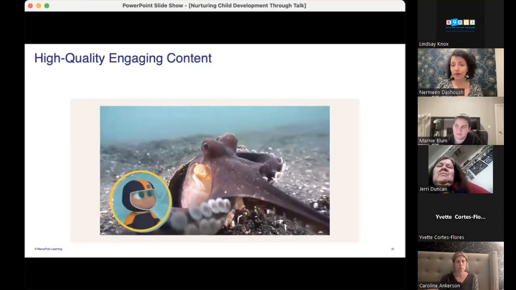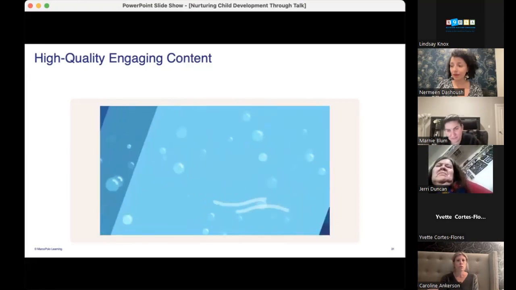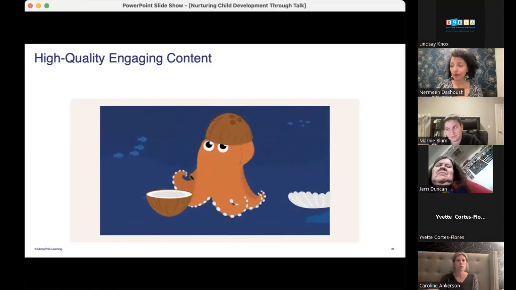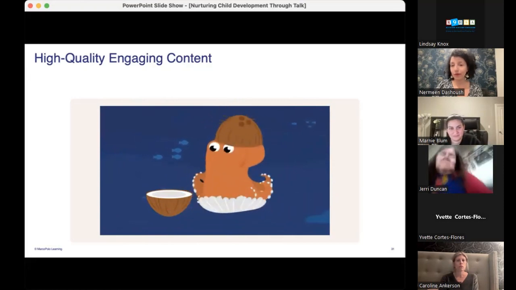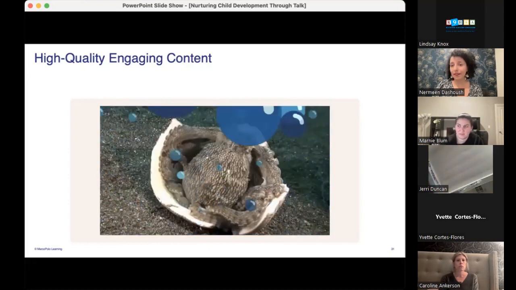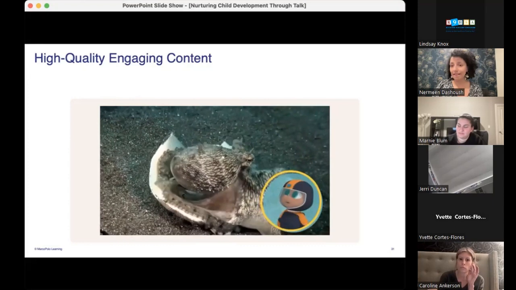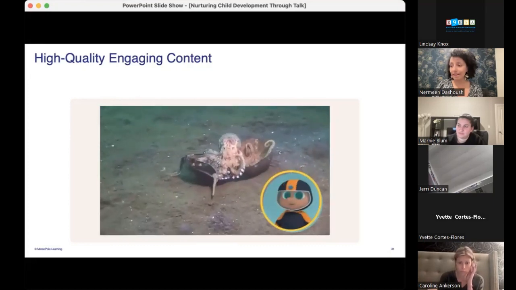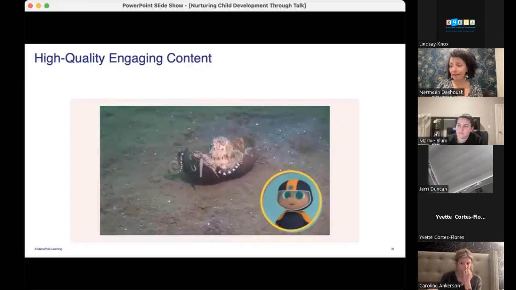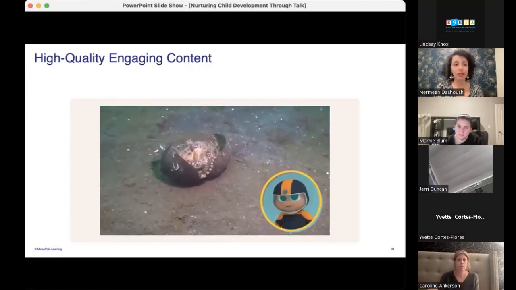So it makes a hiding spot inside a coconut. Hey, it's using the coconut like a snail shell. Exactly. It gathers empty coconuts and other shells that have fallen into the water with its tentacles, then buries itself in the sand and uses the shells to hide. But a coconut octopus always leaves its eyes uncovered to keep watch. Making a home out of a coconut shell? Now I've seen everything.